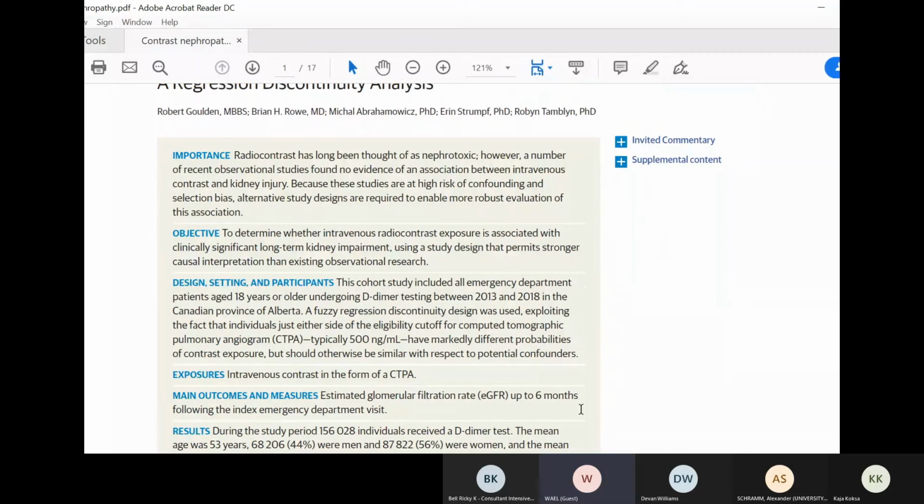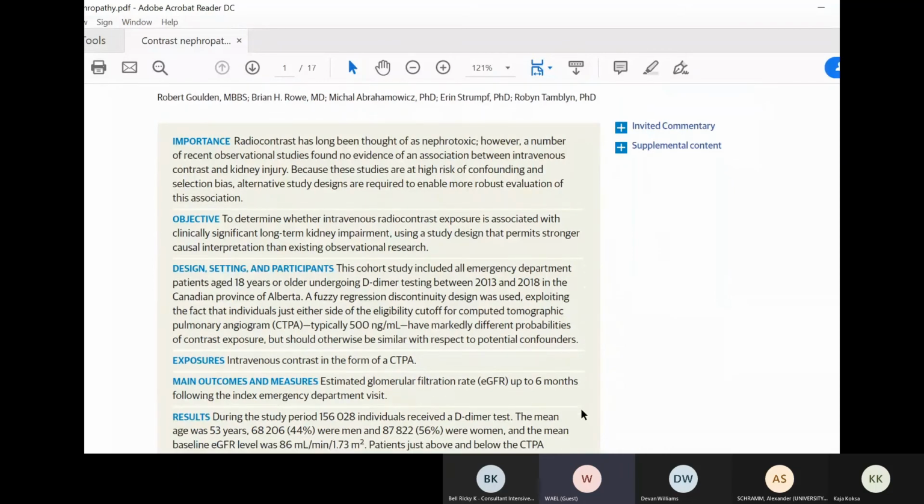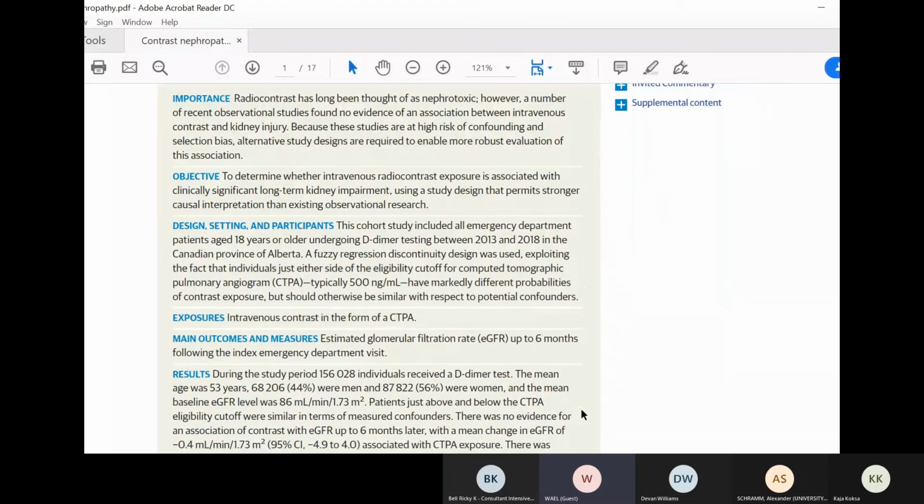So the exposure here is the exposure to intravenous radio contrast, and the main outcome is the glomerular filtration rate at 6 months' time.